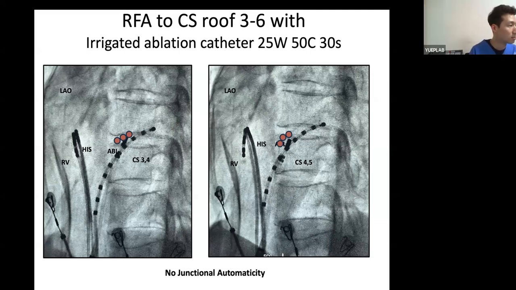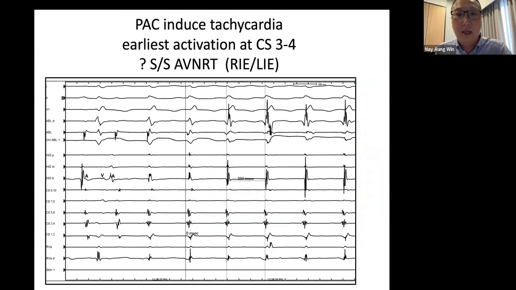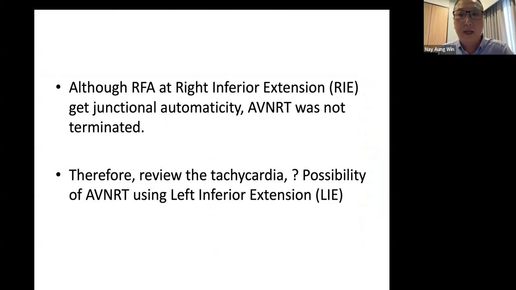But the VA interval was very short, and PPI minus TCL is more than 115. So I think this is AVNRT.